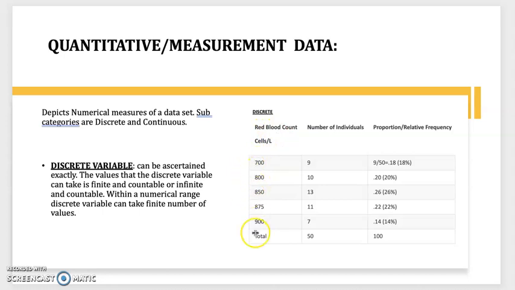Then we have the number of individuals, how many people, and the proportion. So we try to get the count and the frequency. But when we try to categorize that, you will see they are numeric, but not continuous.